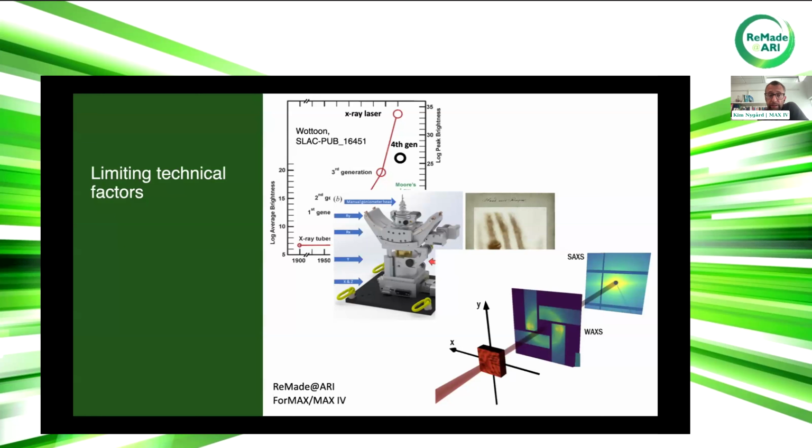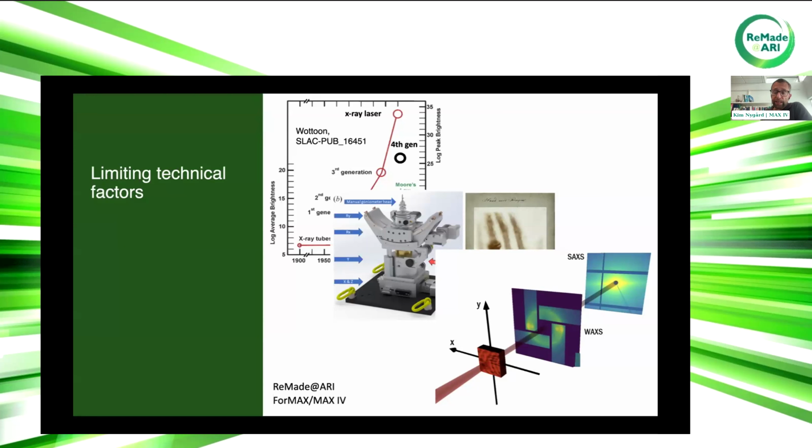A third technical limitation is if you want to do simultaneous scanning SAXS and scanning WAXS experiments, then you need a custom WAXS detector, so that you can pass the small angle scattering beam past the WAXS detector and onto a SAXS detector. And you don't have those at every instrument.